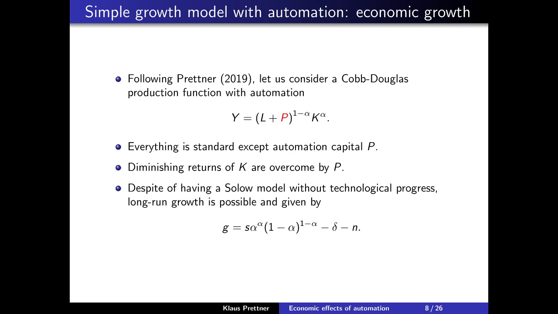One is still the equilibrium in the traditional Solow growth model, the stagnation equilibrium, but there is a second one in which perpetual economic growth is possible, and perpetual economic growth in this equilibrium would depend positively on the saving or investment rate, because it's clear that is what increases the accumulation of physical capital and automation capital, and overall there would be constant returns to scale with respect to the accumulation of overall capital because of this automation capital with an output elasticity of 1 minus alpha, and traditional physical capital having an output elasticity of alpha.